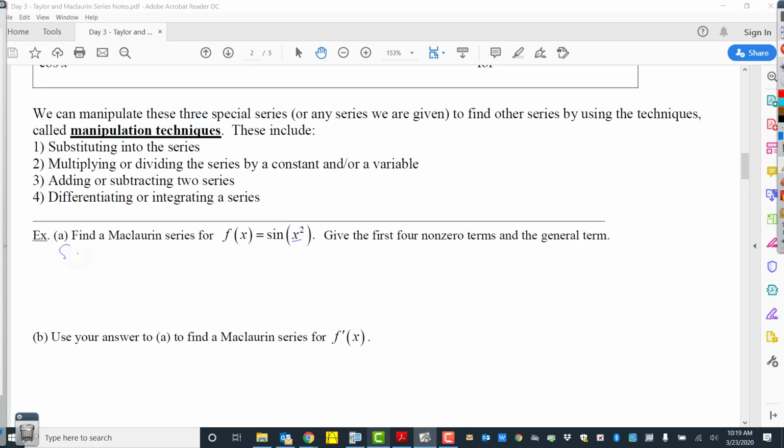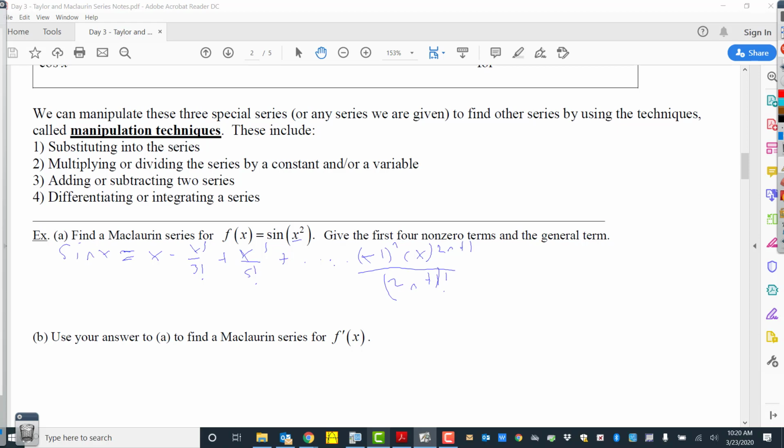So we know sine of x is equal to x minus x cubed over 3 factorial plus x to the 5th over 5 factorial plus dot dot dot, negative 1 to the n times x to the 2n plus 1 over 2n plus 1 factorial. That's what we just found.